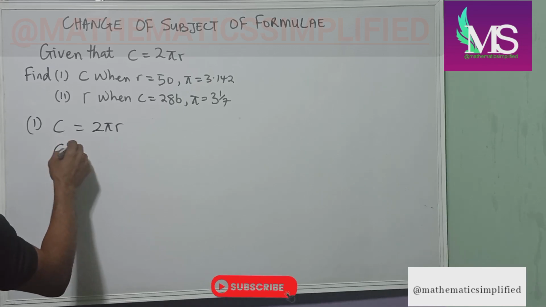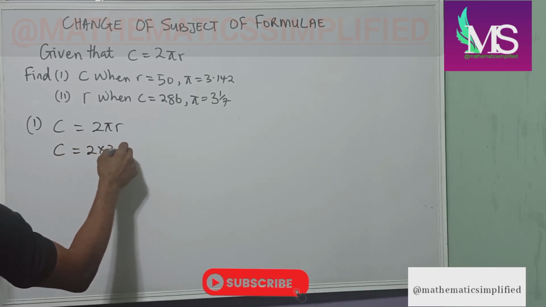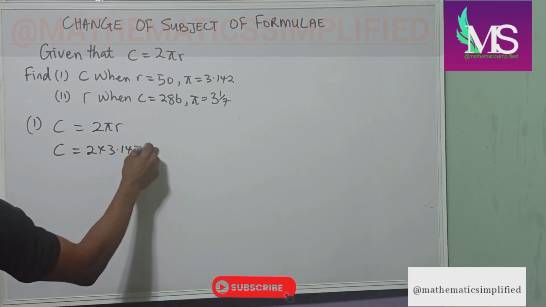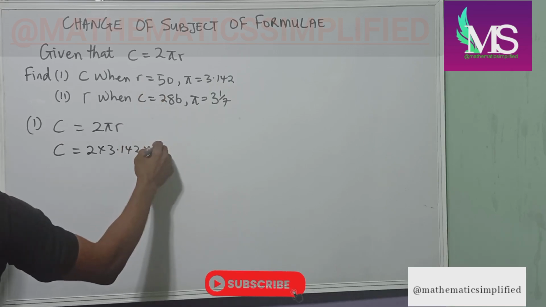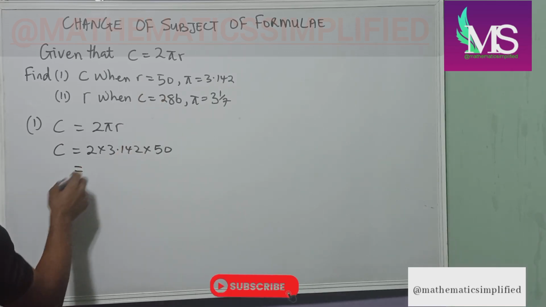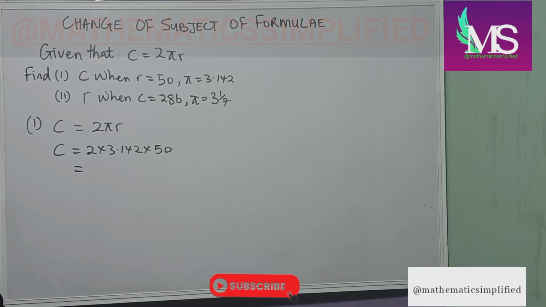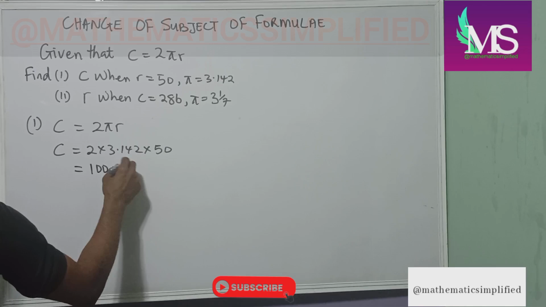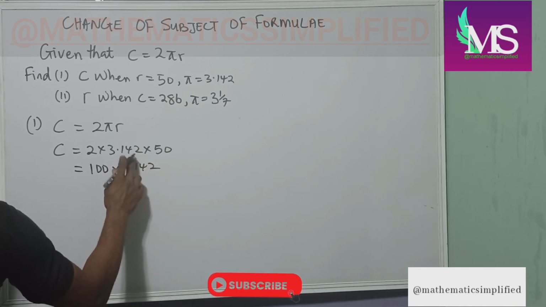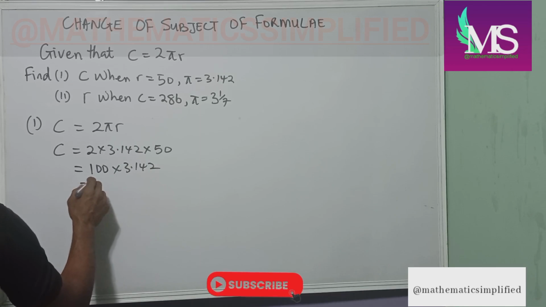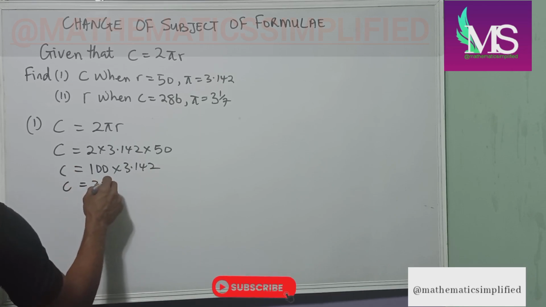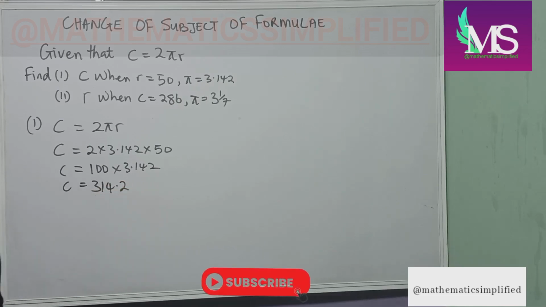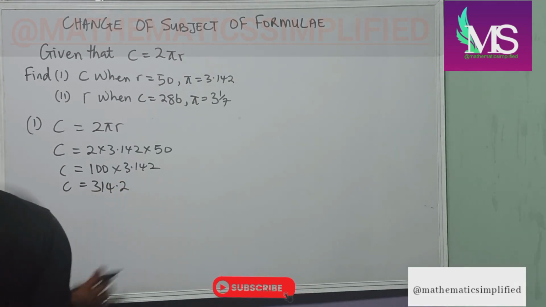So our C would be 2 times 3.142, which is the value of pi, times our r, which is 50. So here we have 2 times 3.142 times 50, which gives us 100 times 3.142. So moving our point 2 times, we have C equals 314.2 as our answer. That is for C.